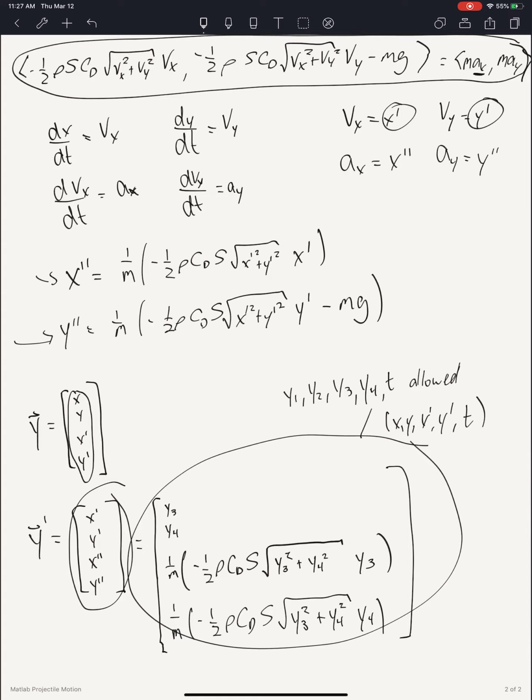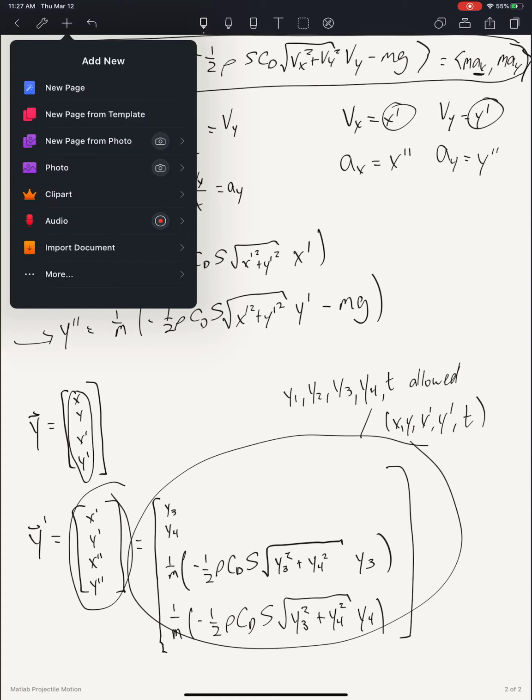So, this is a vector differential equation. When you solve a vector differential equation, let's talk about a differential equation. Given y prime is some function of t and y, which is exactly what we have, we know the derivative of y in terms of only time and itself.